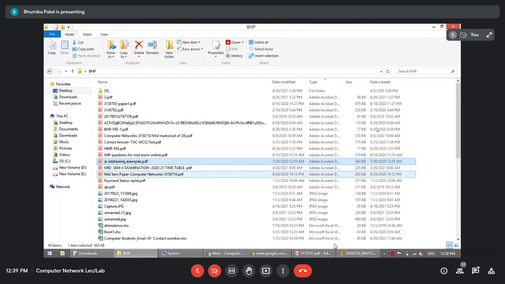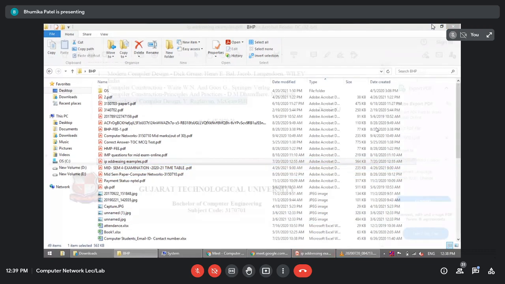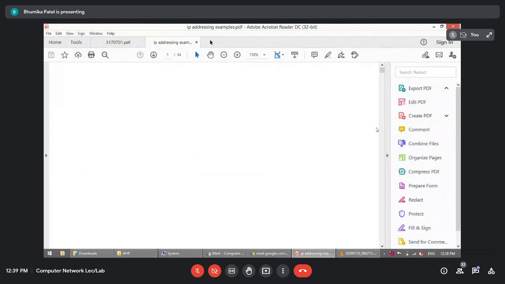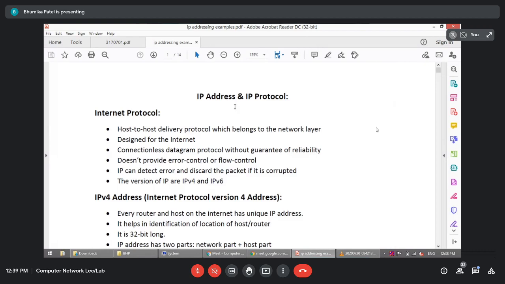Okay, so this is the PDF, in which everything related to IP address and subnetting and all the examples is already mentioned.